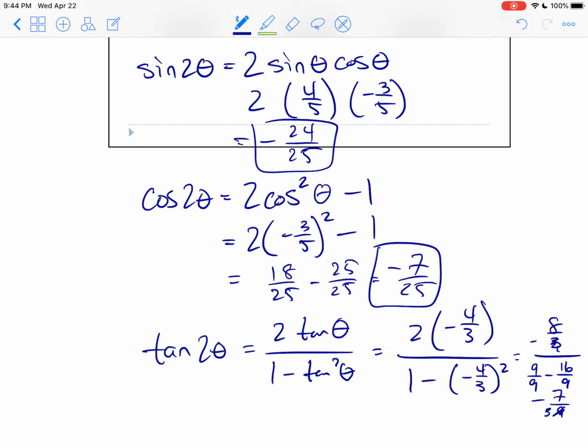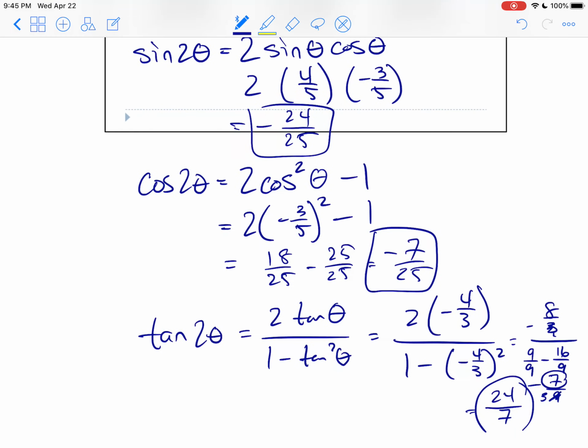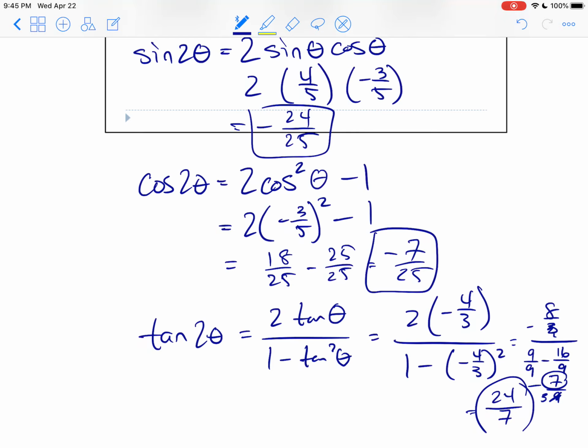So that 3 is going to go up to the numerator. And I have 24/7. So tan of 2 theta is equal to 24/7. So clearly we're in the third quadrant here because cosine is negative and sine is negative. So that means tangent should be positive, which it came out to be positive here.